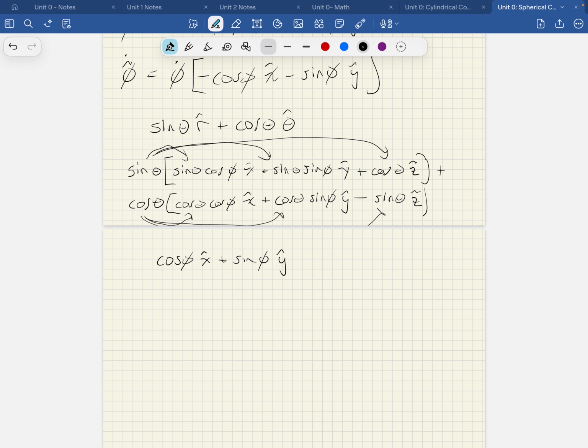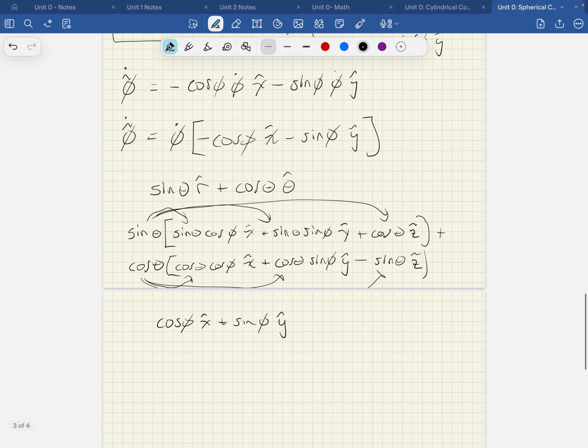So that's just 0. So it looks like sine theta r hat plus cosine theta theta hat is equal to cos phi x hat plus sine phi y hat.